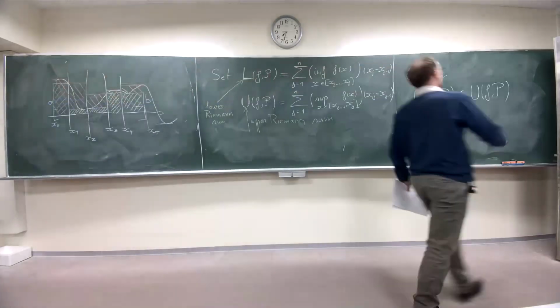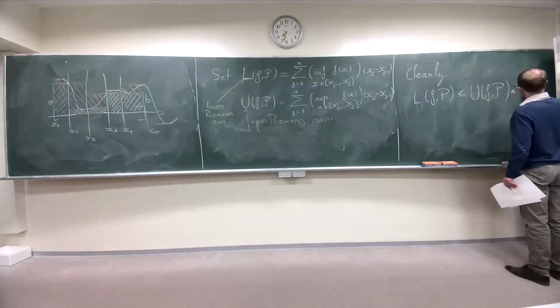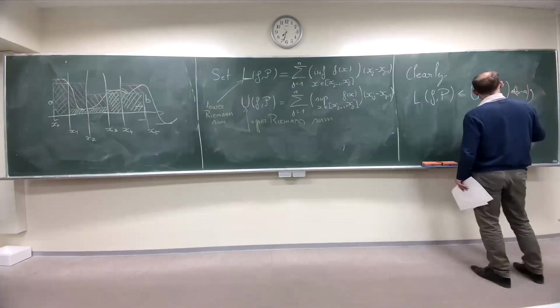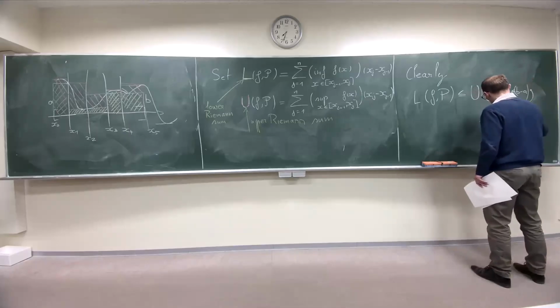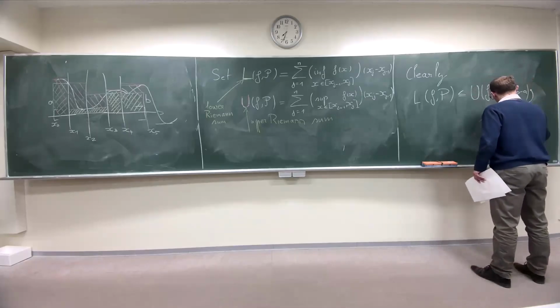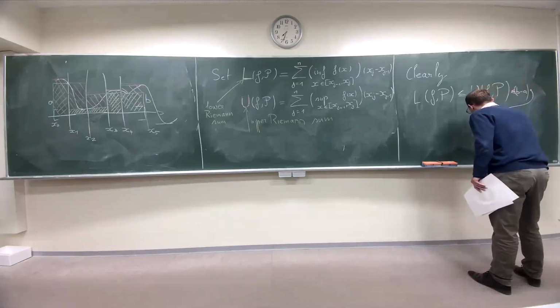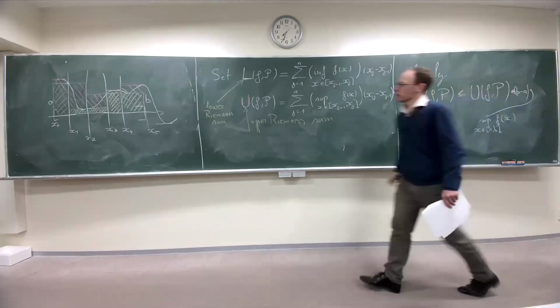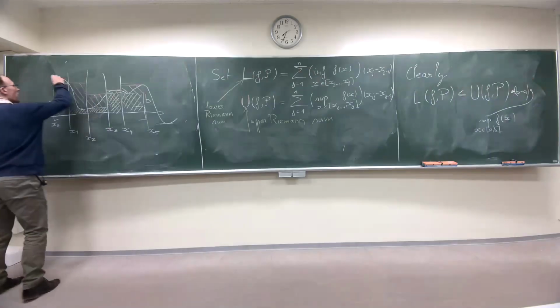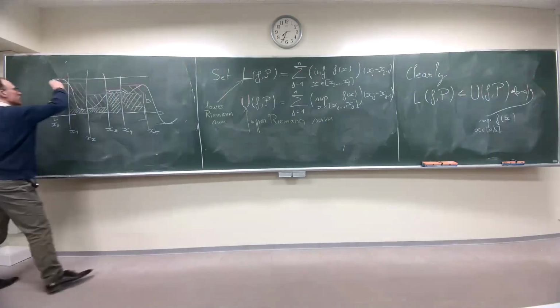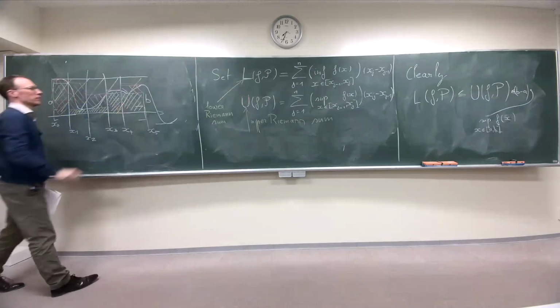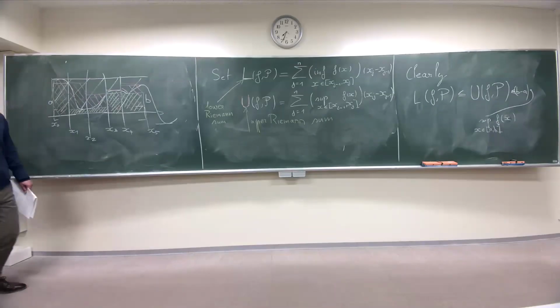But observe that this is smaller or equal to b minus a times the supremum of f of x for x inside AB. On my picture, the maximum value is here, so everything is smaller than this big rectangle, right? This is well defined because f is bounded.